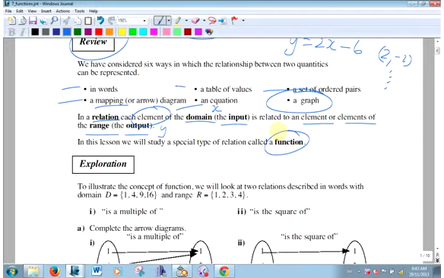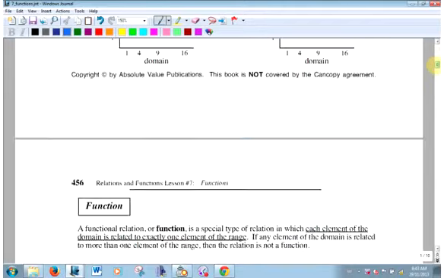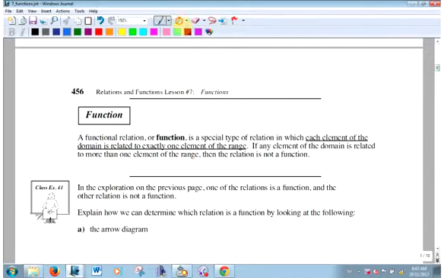All right, what's a function? Let's get right to the definition. Function. It's a special type of relation in which each element, each point of the domain is related to exactly one element of the range.